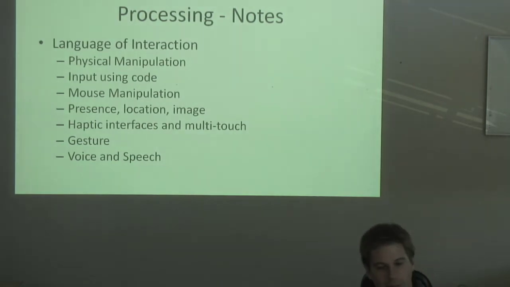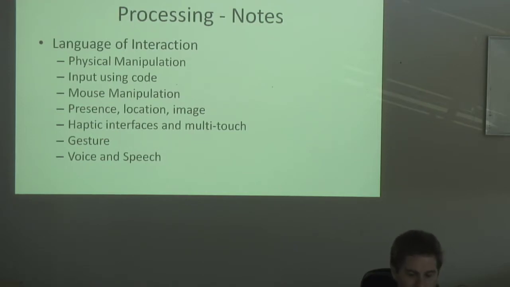So Processing is a language of interaction, so it can handle things like physical manipulation. You do input using code, so you can grab mouse positions. You can do stuff with presence, location, images, so hook into libraries which do things like loading from a camera, from images, whatever else. You can do haptic interfaces, multi-touch, there are libraries to support that. You can do gesture recognition, voice and speech.